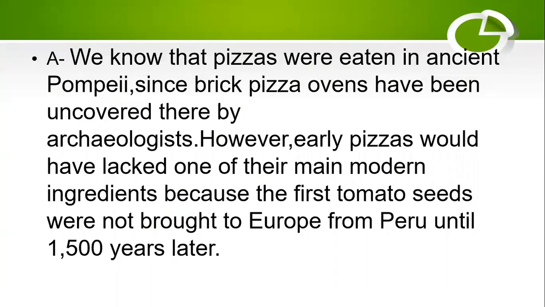We know that pizzas were eaten in ancient Pompeii since brick pizza ovens have been uncovered there by archaeologists. However, early pizzas would have lacked one of their main modern ingredients because the first tomato seeds were not brought to Europe from Peru until 1,500 years later.